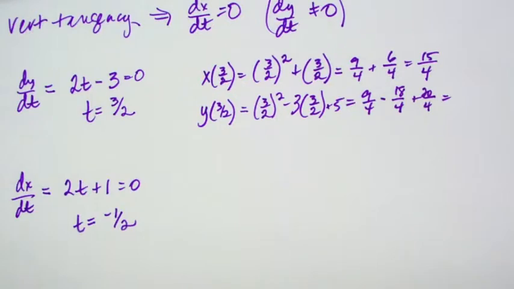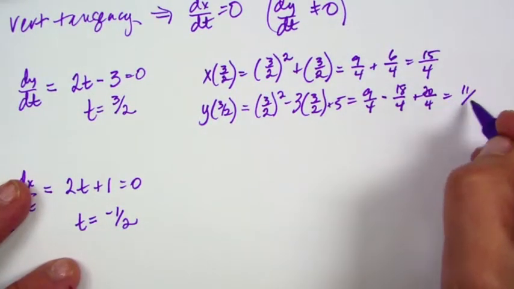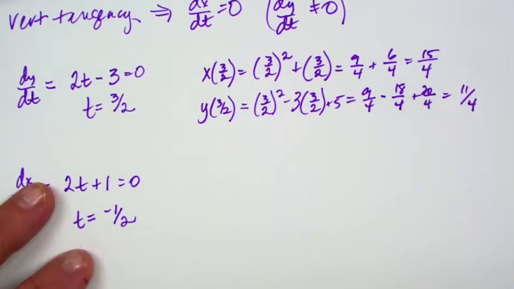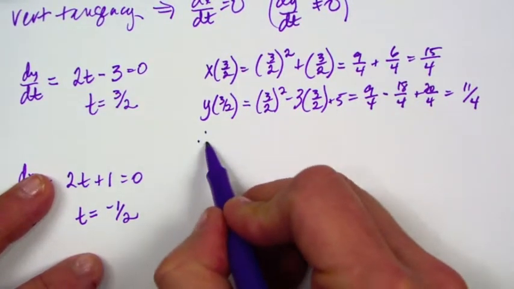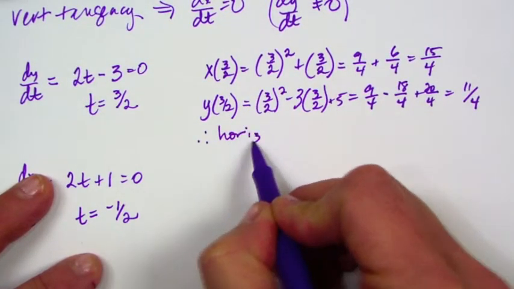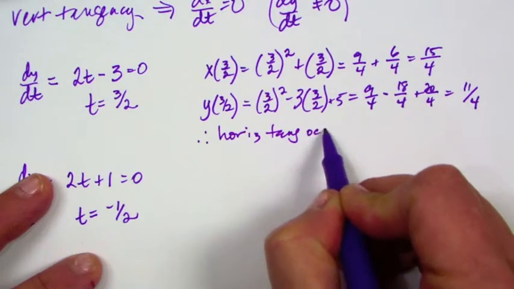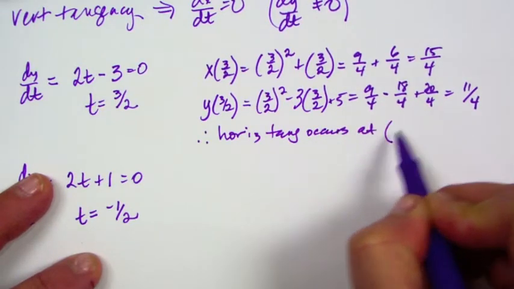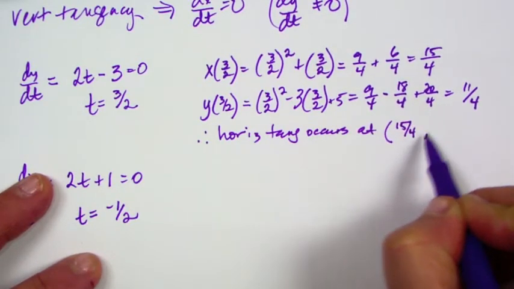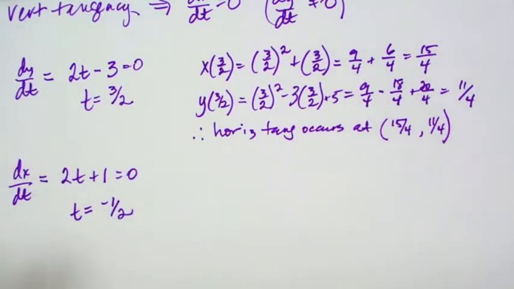So what's that? 11/4? Therefore, a horizontal tangent occurs at 15/4, 11/4.